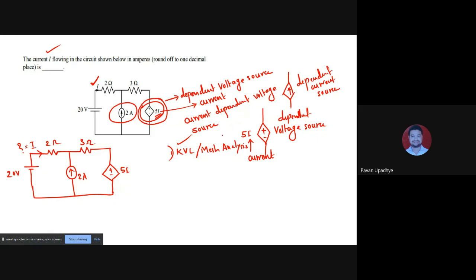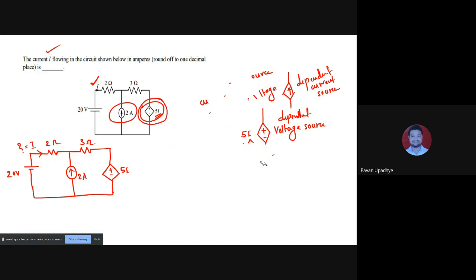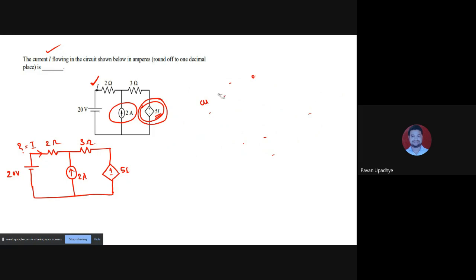Now, when you apply Kirchhoff voltage law, the first thing you must understand is that it completely depends upon your understanding of writing the algebraic summation of voltages. Why? Because Kirchhoff voltage law states that the algebraic summation of all the voltages in a closed loop is equal to 0.